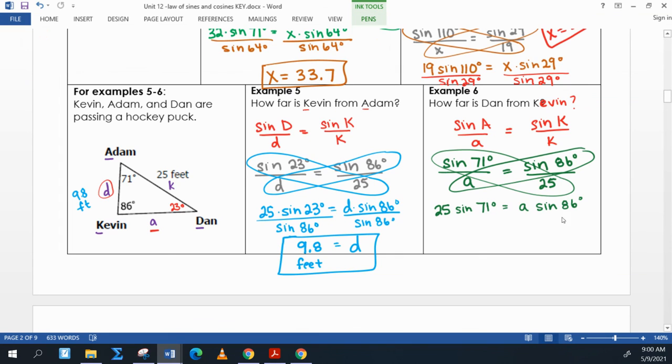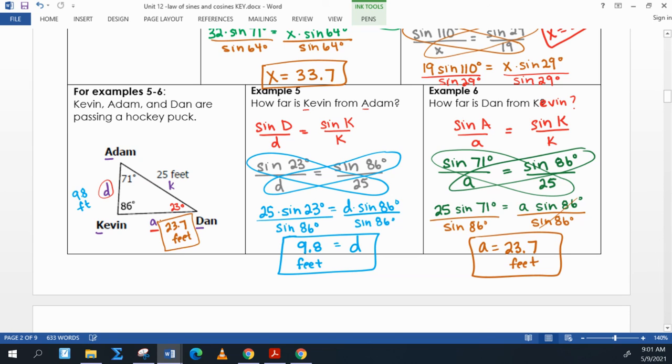All right, let's go ahead and just solve for that A. So divide by the sine of 86 there. And A here is equal to 25 sine of 71, enter, divide by sine of 86, and I have a 23.7 right there, feet. So 23.7 feet right there on that one, 9.8 feet over there, and we're done.